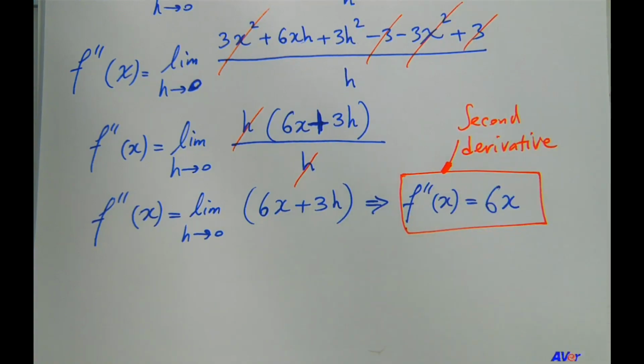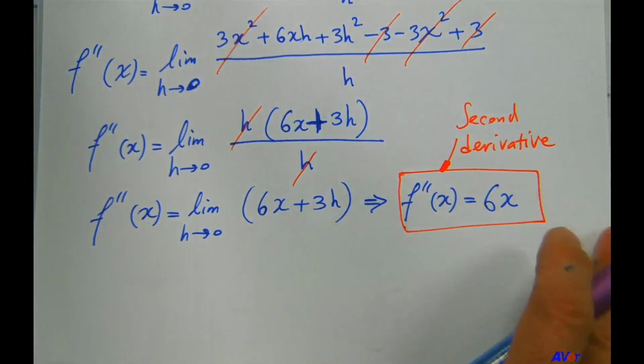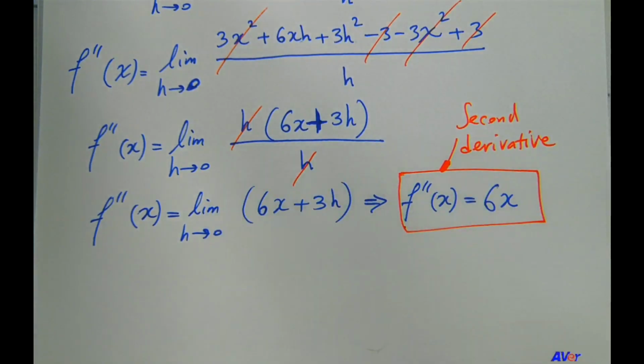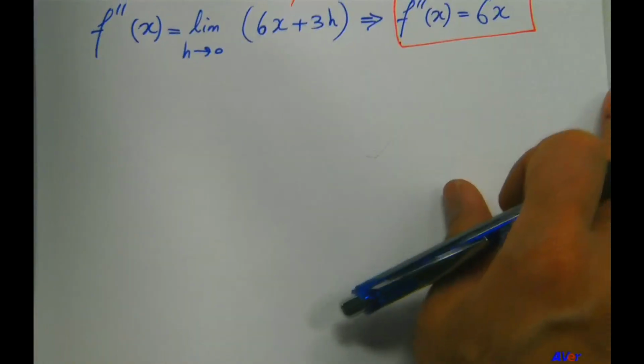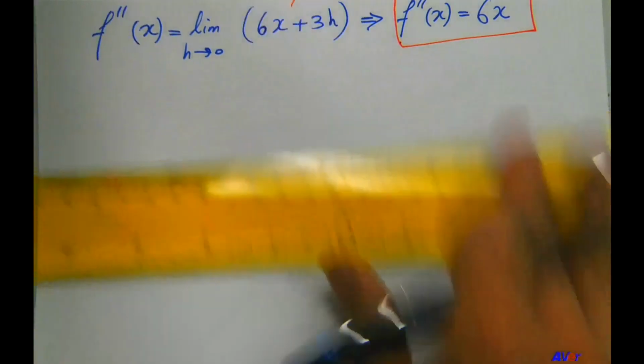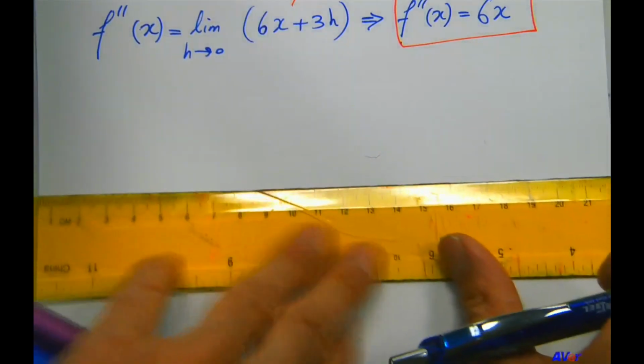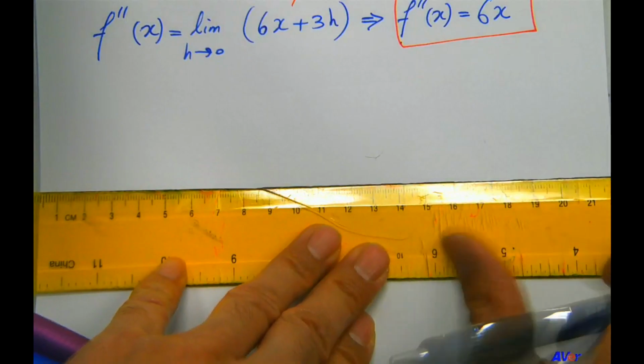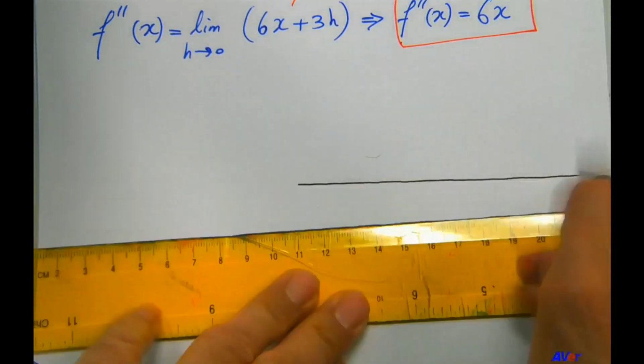Okay, so now they said to graph this. Graph the first function and the first derivative and the second derivative. So let's do that. Maybe I can do it in the rest of this page that I have left. I'll try to fit it in. Okay, so let me just draw it in this corner.